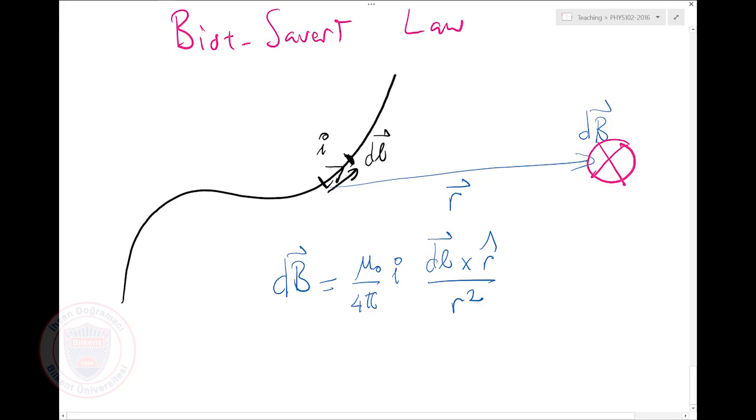But let's also be careful. What is this r hat? R hat is the unit vector. R hat was r vector divided by r magnitude.